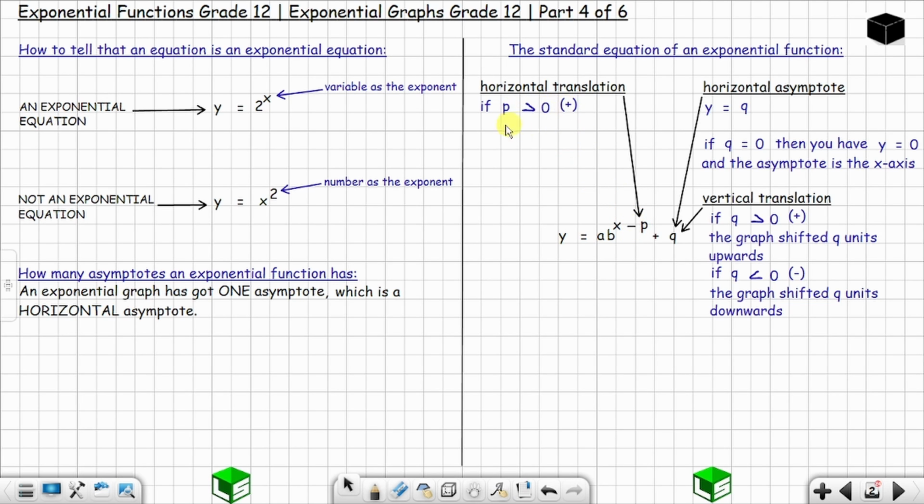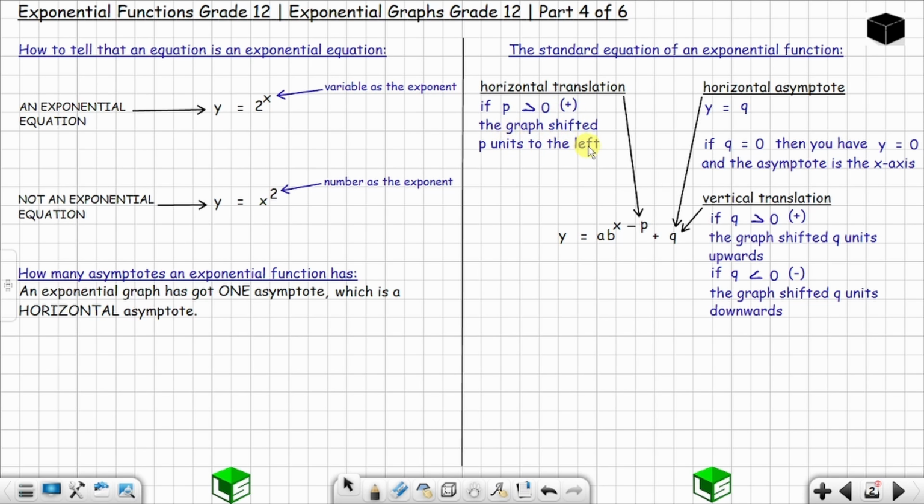If p is positive, then the graph has shifted p units to the left. Remember that: when it is positive, to the left. Positive is always associated with right, but in this case, when you have positive there, you do the opposite.